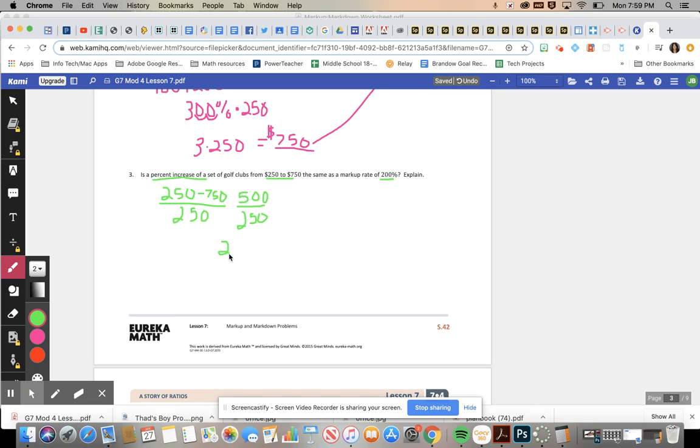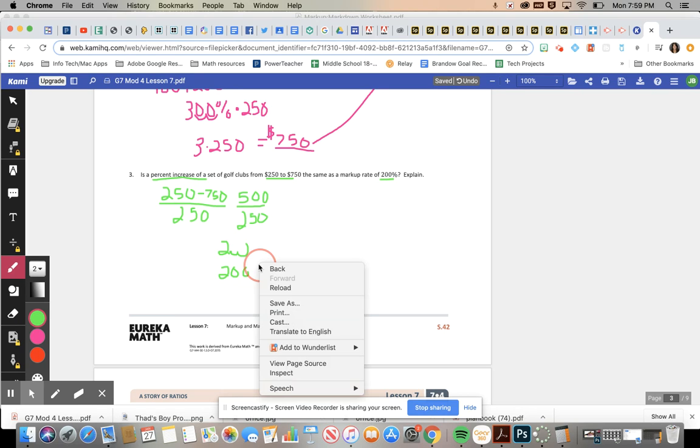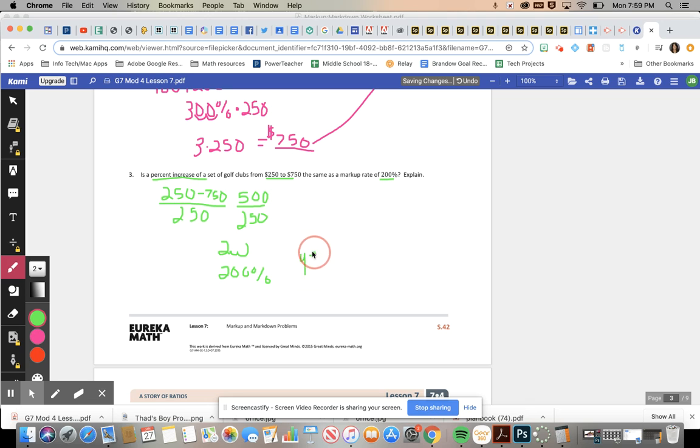And to change this decimal to a percent, we have to move it over 2 places, and that makes 200%. So the question is, is the percent increase of 200% the same as the markup rate of 200%? Yes, they are. The markup rate of 200% and the percent increase are the same thing.